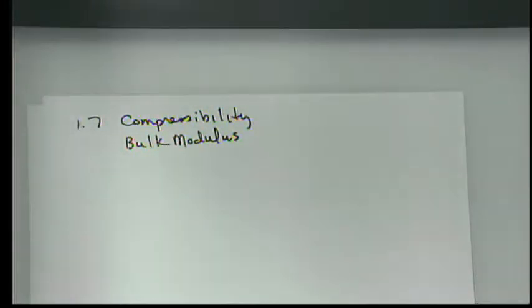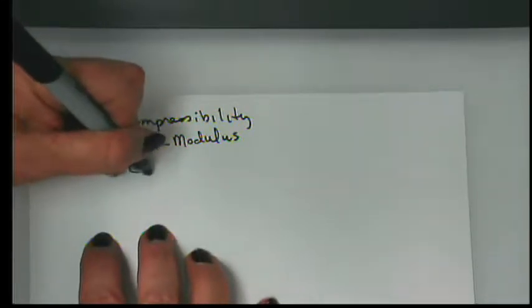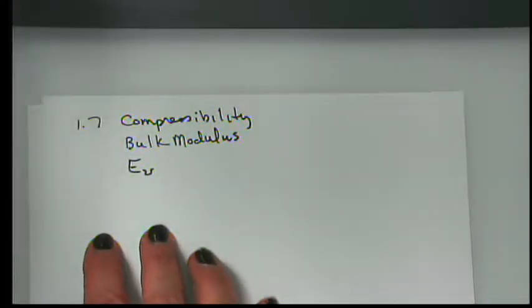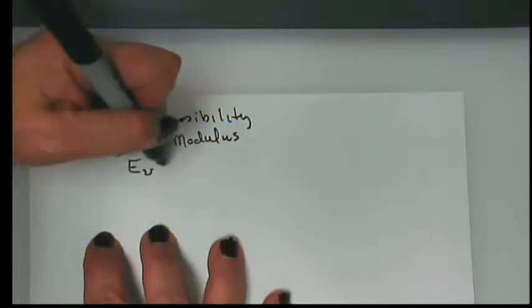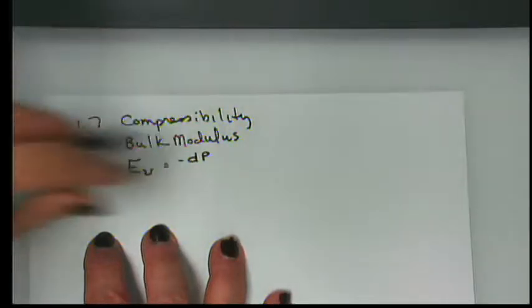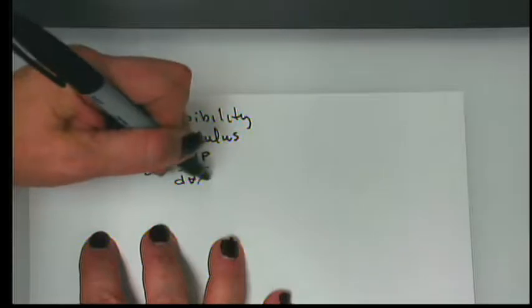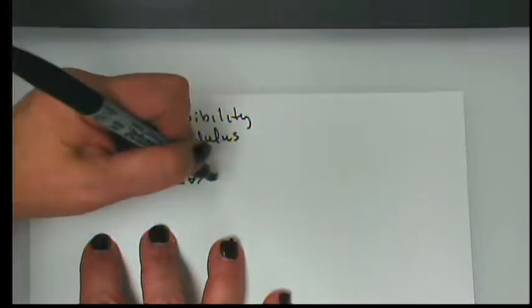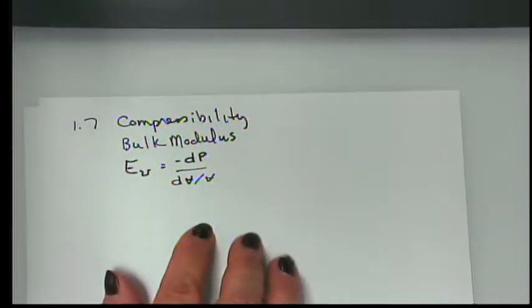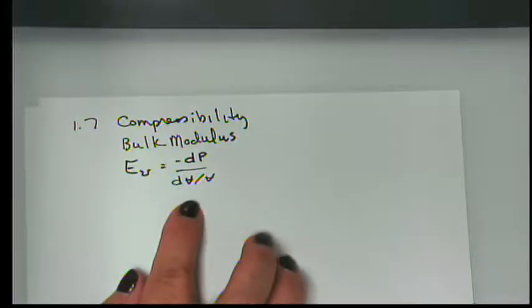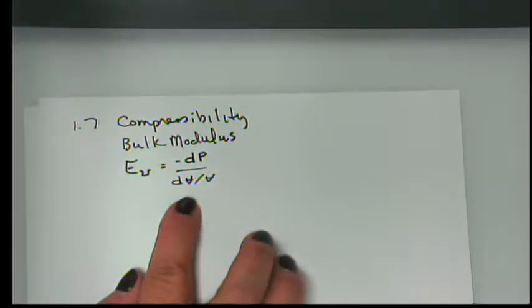If any of you have had mechanics of materials, we talked about this term a little bit when we discussed solids. Basically, we use the abbreviation E sub V, and we say that the bulk modulus is minus the differential of pressure over dV over V. The V with a bar through it in this class refers to volume.